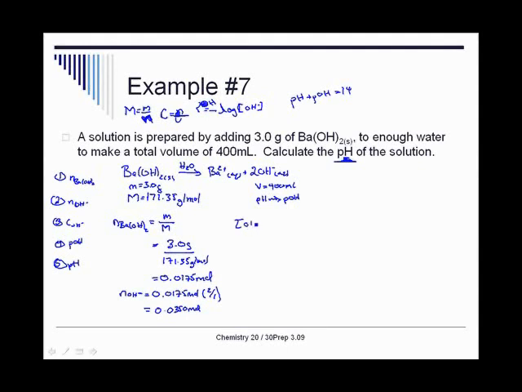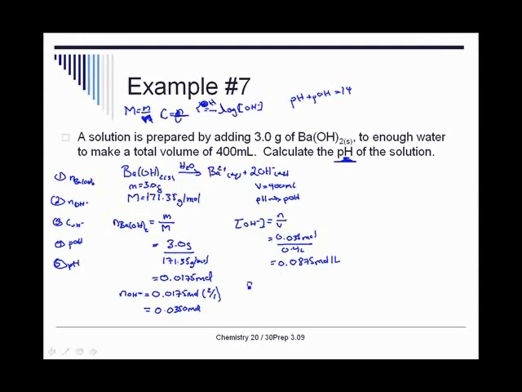Now we're going to find our concentration. So our concentration of hydroxide is going to be N over V, 0.035 moles divided by 0.4 liters. And we get 0.0875 moles per liter.